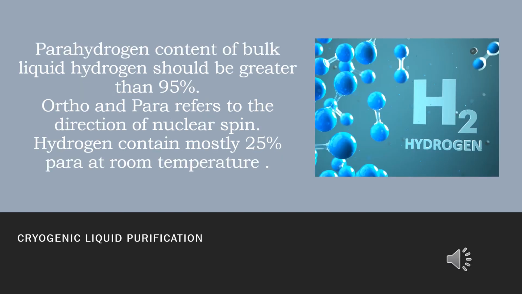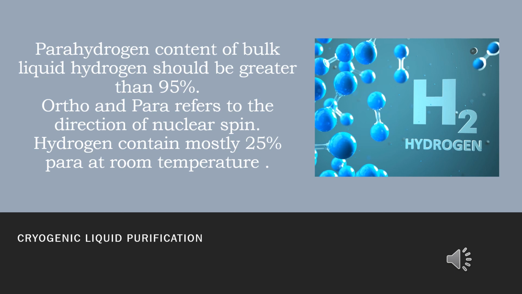And the para-hydrogen content of liquid hydrogen should be greater than 95%. The terms ortho and para refer to the direction of nuclear spin in the hydrogen molecule. Hydrogen normally contains 25% para at room temperature but slowly converts to nearly pure para at liquid temperature.